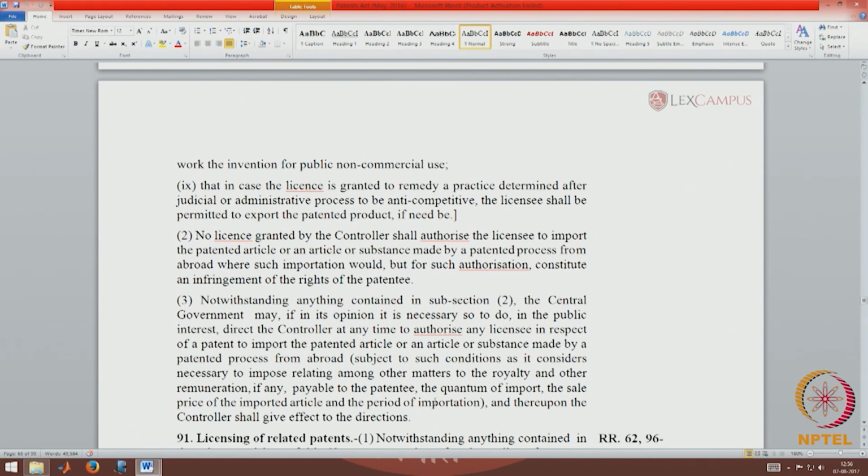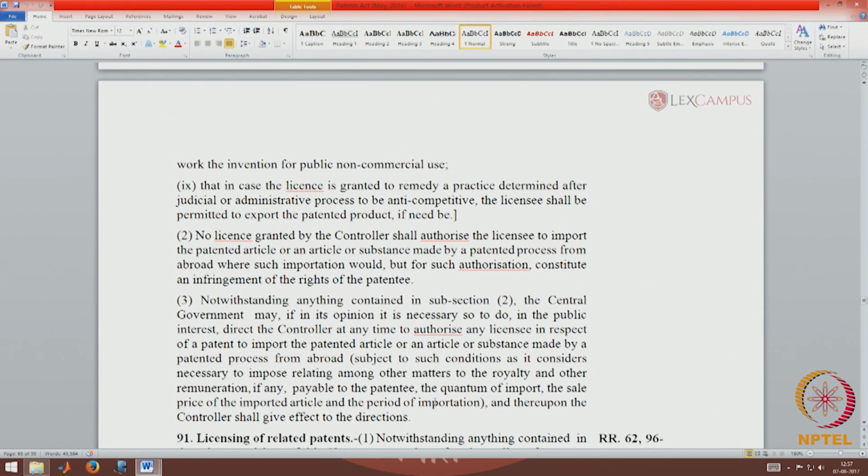So, there is an administrative process which decides that a particular practice is anti-competitive. A compulsory license can be granted pursuant to that by the controller. Now, in such case, the licensee shall be permitted to export the patented product if there is a need.